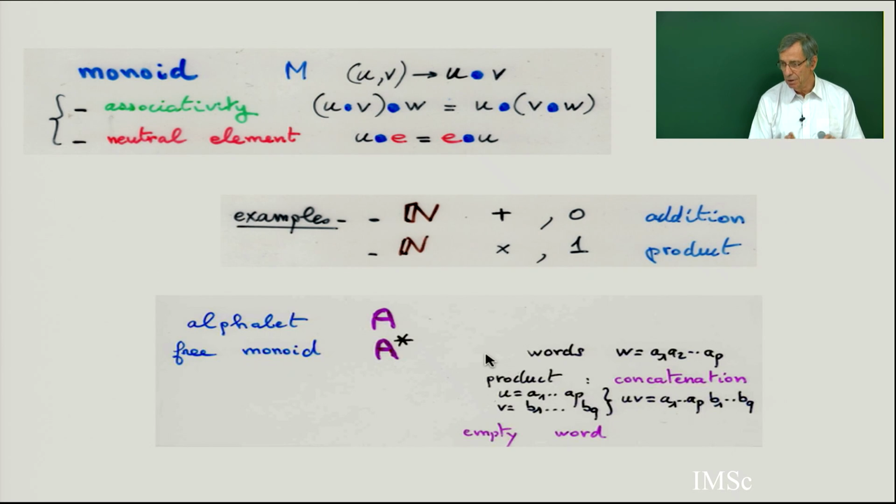You put them together, U multiplied by V. This is the product, which is associative, and it's very natural. In any language, you form words from a concatenation of letters, and the empty word, with no letters at all, is the unit element. And the length of a word is the number of letters. So here the length is P, and the length of the empty word is 0. That is the free monoid.